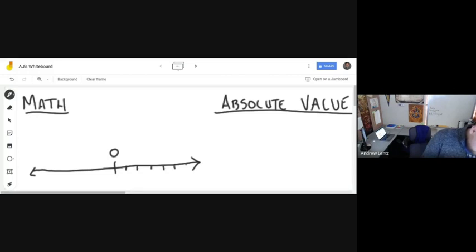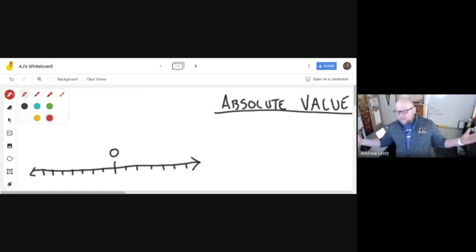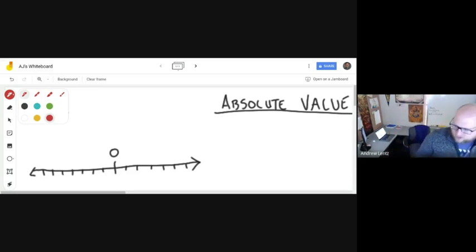Now, recap on number lines real quick. A number to the left of 0 is going to be what? Negative or positive? Look at all these responses. We still got one wrong. Braden, get serious.